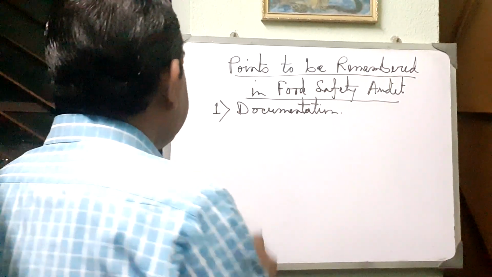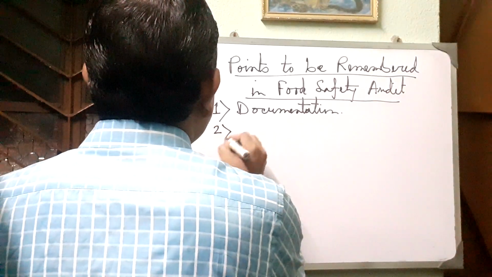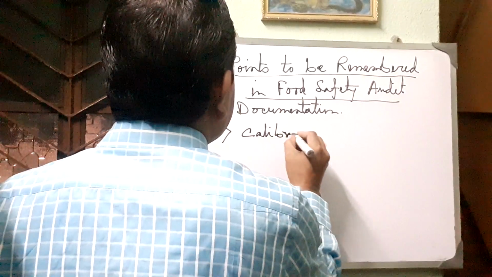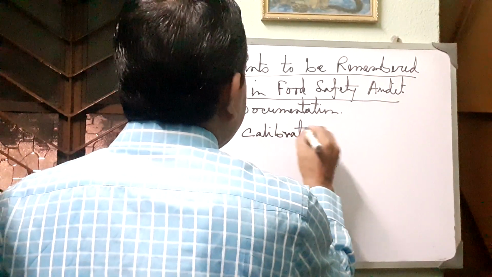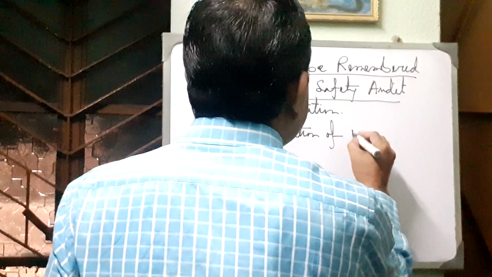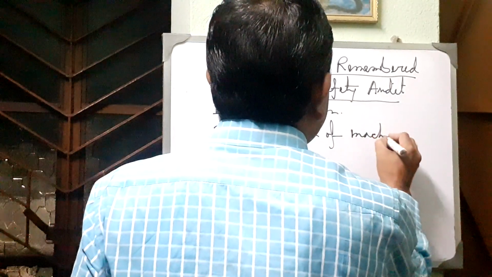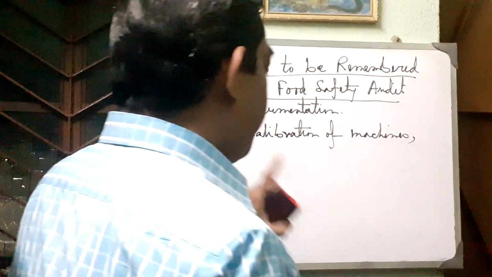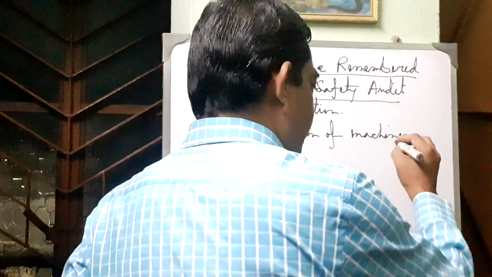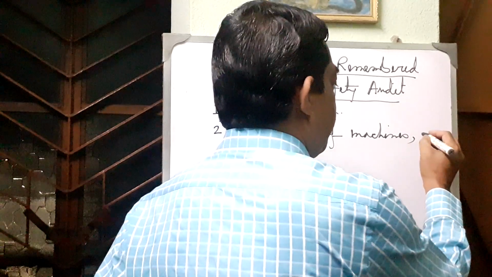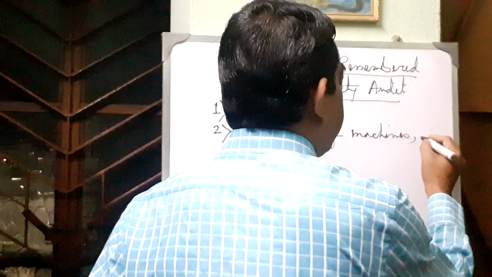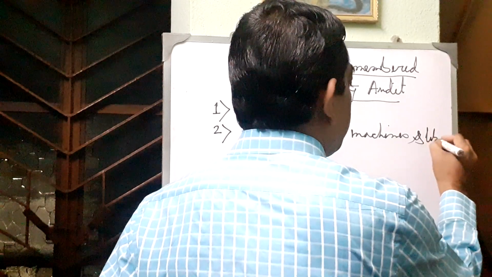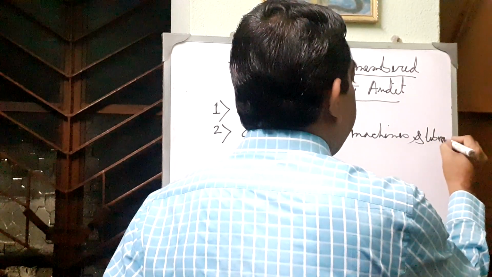And the second one, the most important part, is the calibration of machines, some electronic machines, electronic devices, and also the laboratory machines and laboratory equipment should be calibrated.